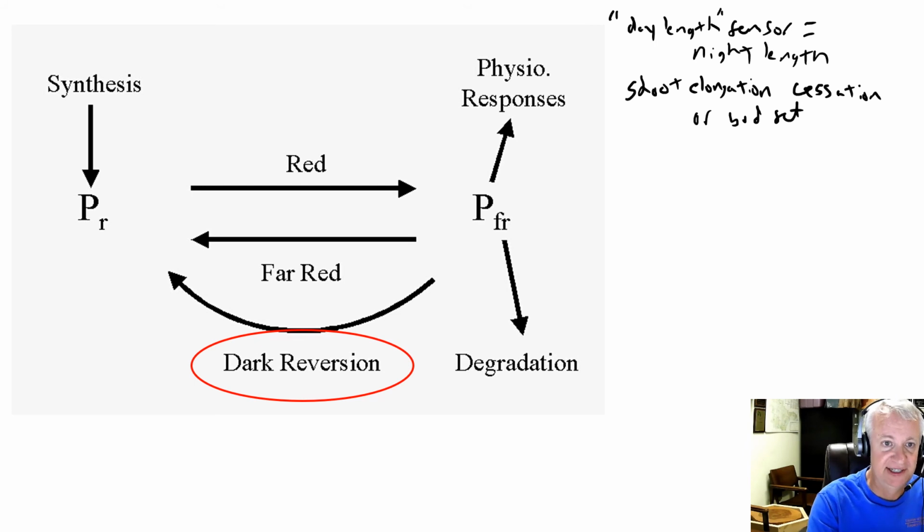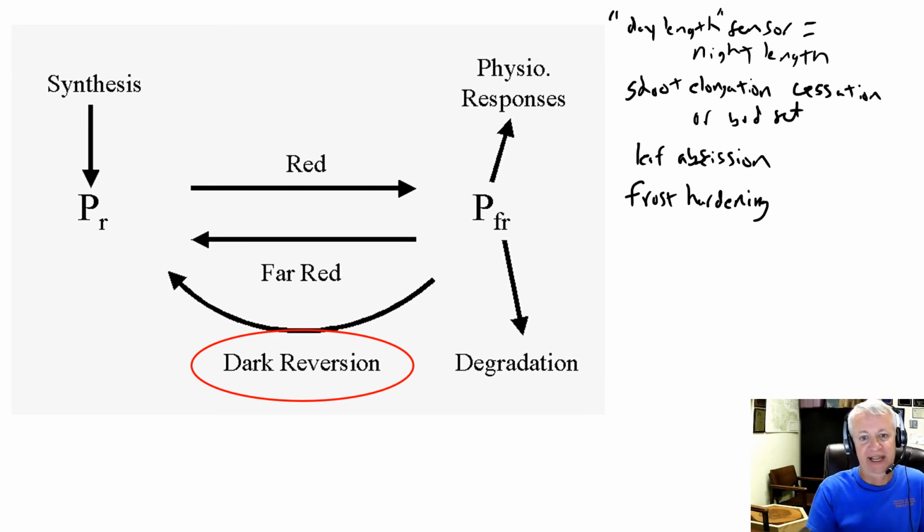Leaf abscission, so leaf drop, is often triggered by shorter days. Some frost hardening mechanisms, so physiological preparation of plants for cold weather, is often triggered, at least partially, by lengthening nights.